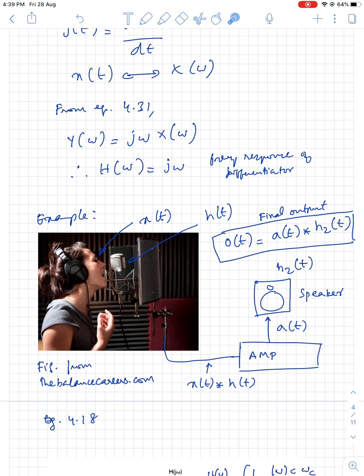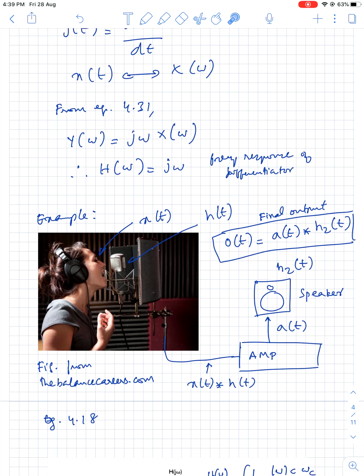Another example is again to give you a physical meaning of what all this is doing. This is a picture which I got from the internet. There is a singer, she's got a voice x of t. Let's assume that this voice can be represented by x of t. There is a microphone here which has an impulse response h of t.